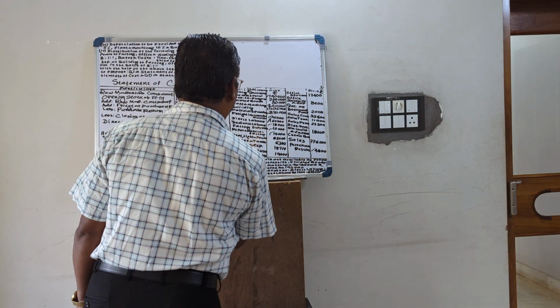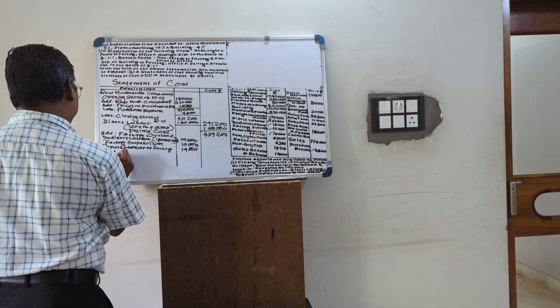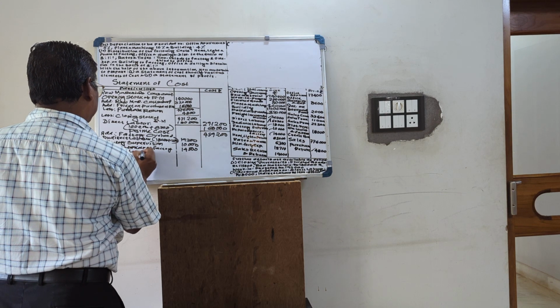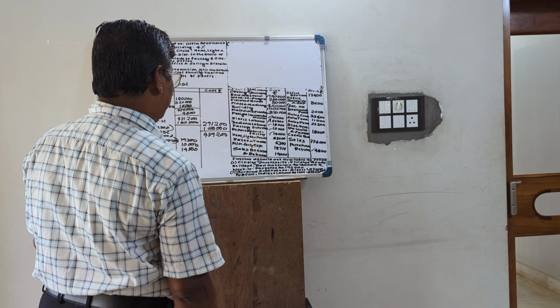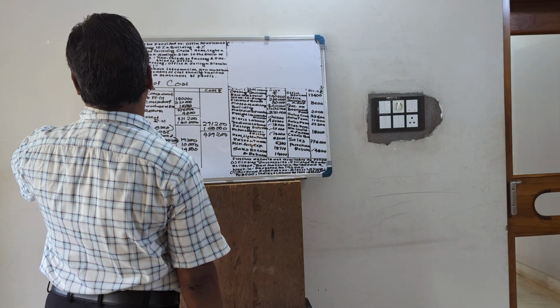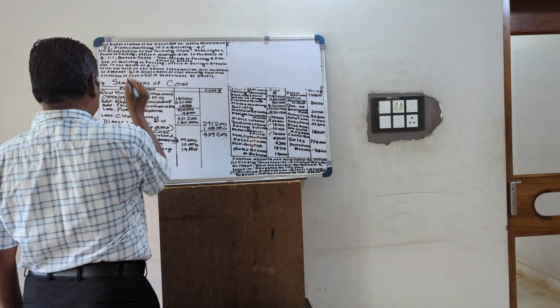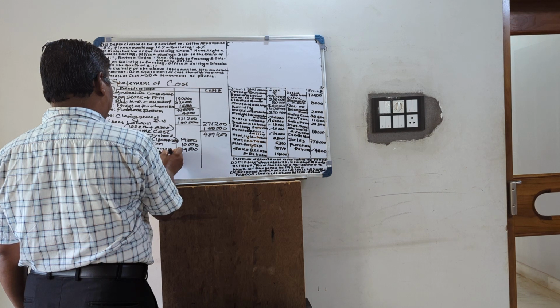Then heat, light and power. Heat, light and power I already discussed. It is apportioned among factory, office and selling and distribution overhead, in the ratio of 8:1:1. That is 8 by 10 into 65,000.